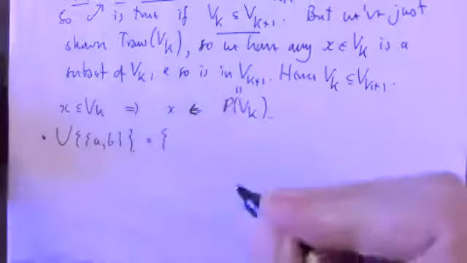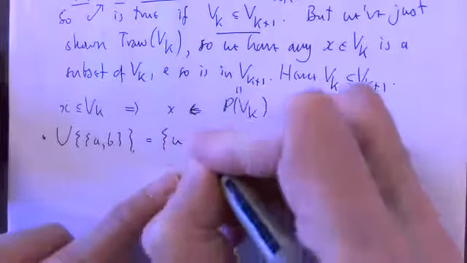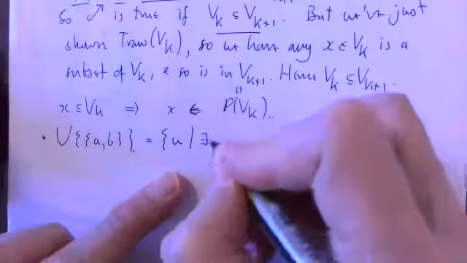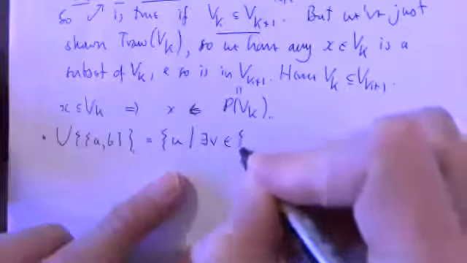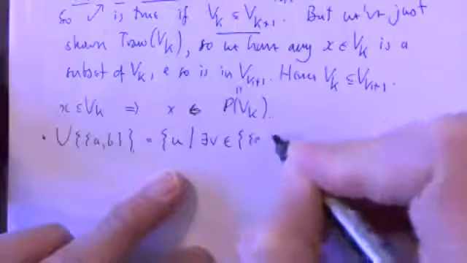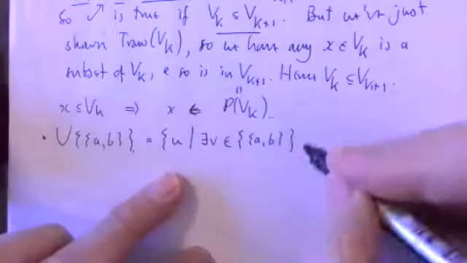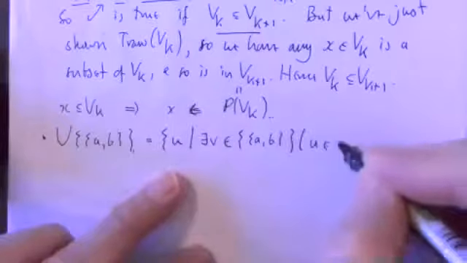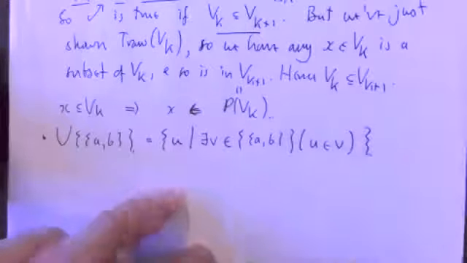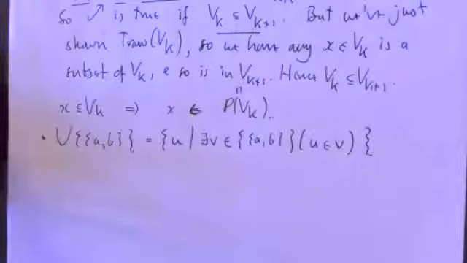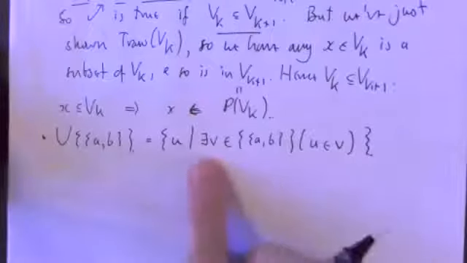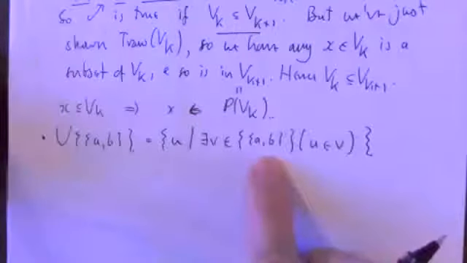So I'll write it out formally. It's the set of U such that there is a V in here, and U is a member of V. Well, in this case, we've only got one thing.